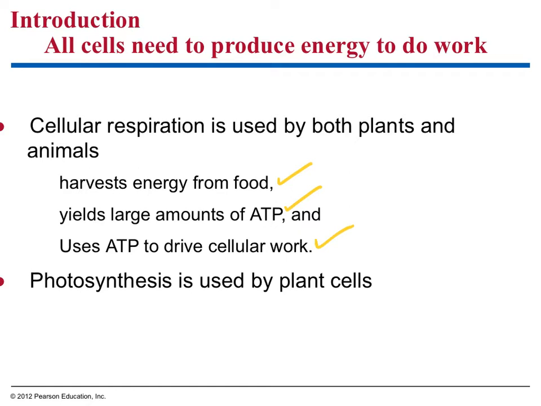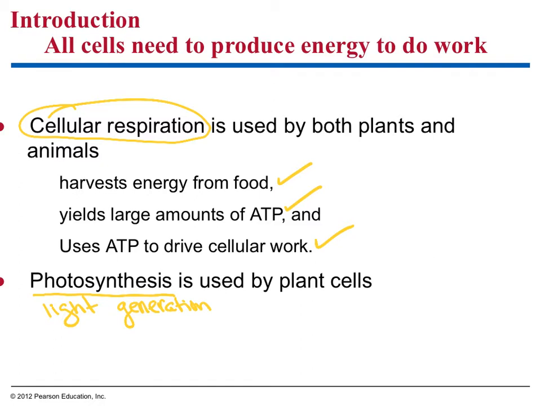Now, both plants and animals can use cellular respiration as a form of energy production, but plants are also unique in that they are able to use a process called photosynthesis. And photosynthesis just really means light generating, not that it generates light, but it generates energy from light. That's this process that plants can use.